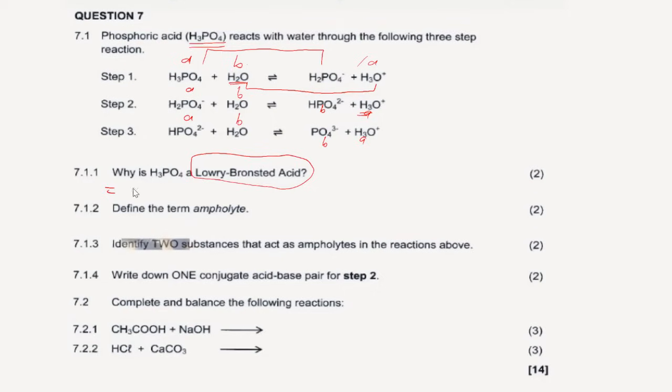So we say it's because it's a proton donor, right? H3PO4 is a Lowry-Brønsted acid because it donates a proton. Or you can simply say it's a proton donor. Okay, then you have your 2 marks like that.